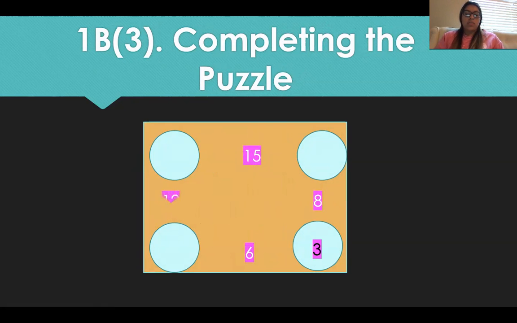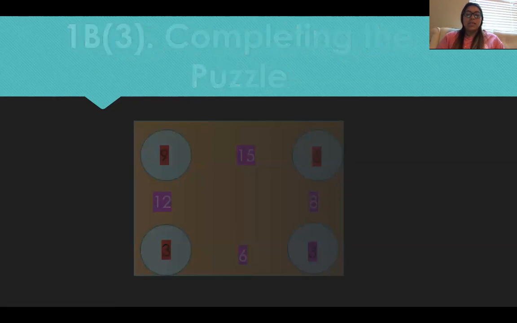Now let's begin with the number 3 since it was already given to us. So what plus 3 gives us a total of 6? The correct answer is 3. Now what plus 3 gives us a total of 12? The answer is 9. Now what plus or minus 9 gives us 15? The answer is 6. And that's how you complete this puzzle.